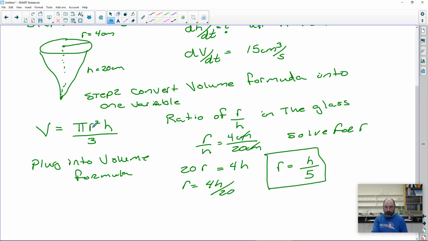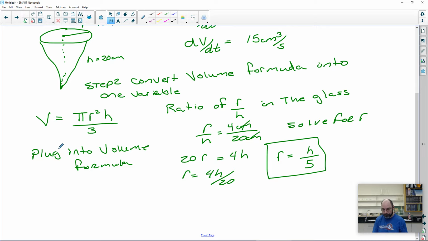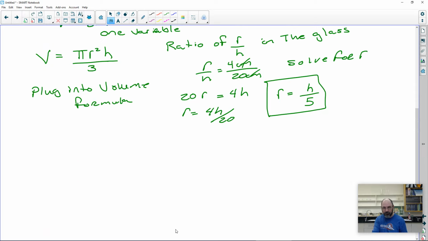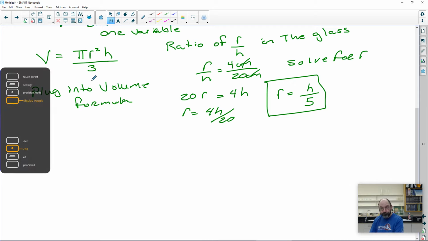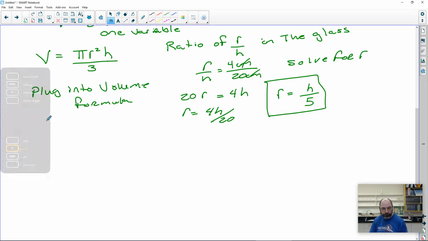Okay, so we're going to plug it into the volume formula now. Okay, so I'm going to plug it in where the r squared is. So let's move this down a little bit so I got a little more space. Okay, so let's go ahead and do this. Okay, so we've got V equals pi times r, which is h over 5, squared, times h divided by 3.